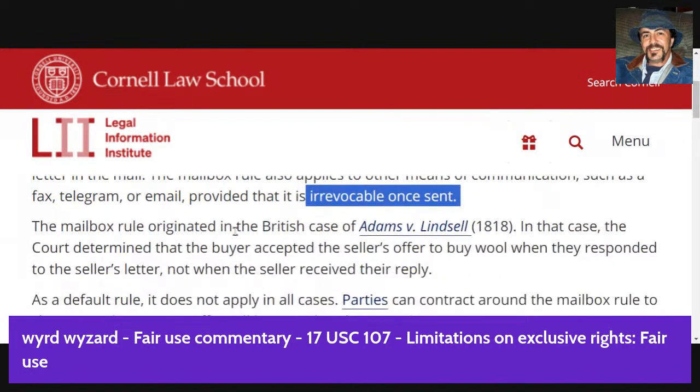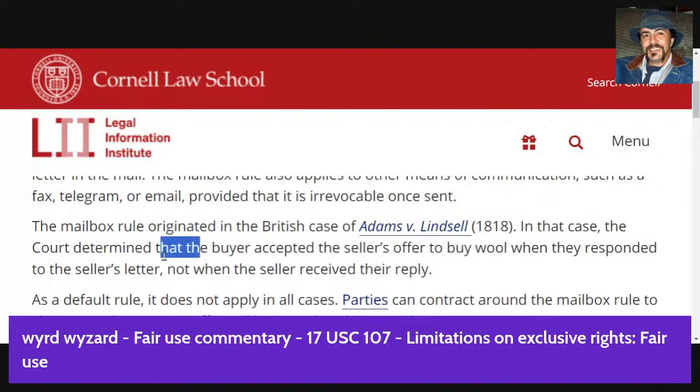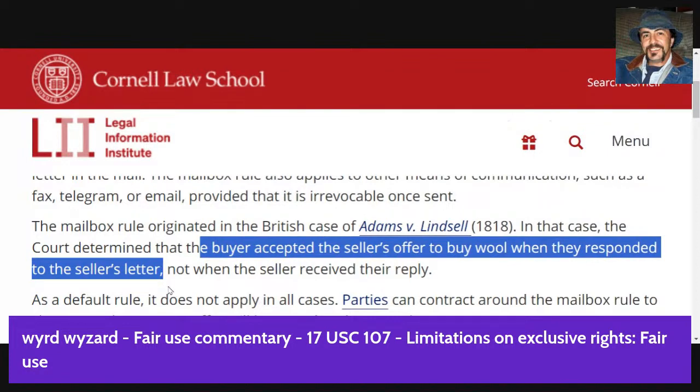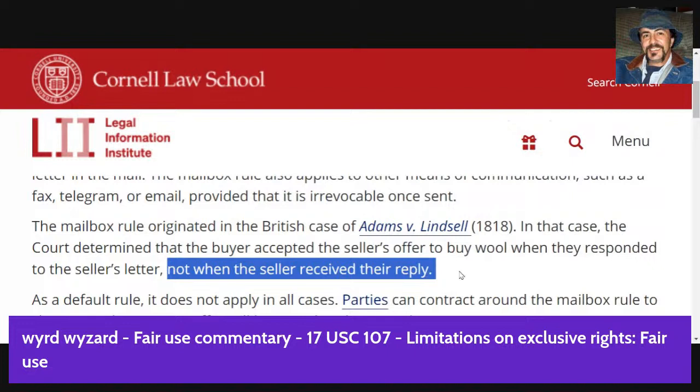The mailbox rule originated in the British case of Adams versus Lindsell, 1818. In that case, the court determined that the buyer accepted the seller's offer to buy wool when they responded to the seller's letter, not when the seller received their reply.